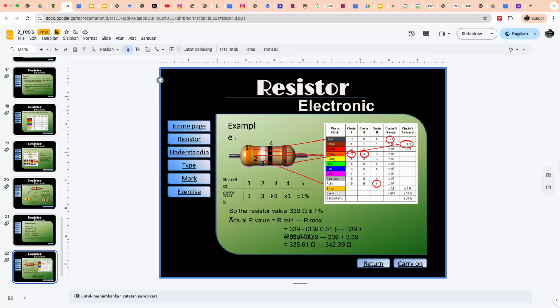So 3, 3, 9. And the multiplier is black. We can see black is 1, so multiply by 1. And then this is the brown, the tolerance. The tolerance is 1%, which means it can be above or below by 1% from this value.